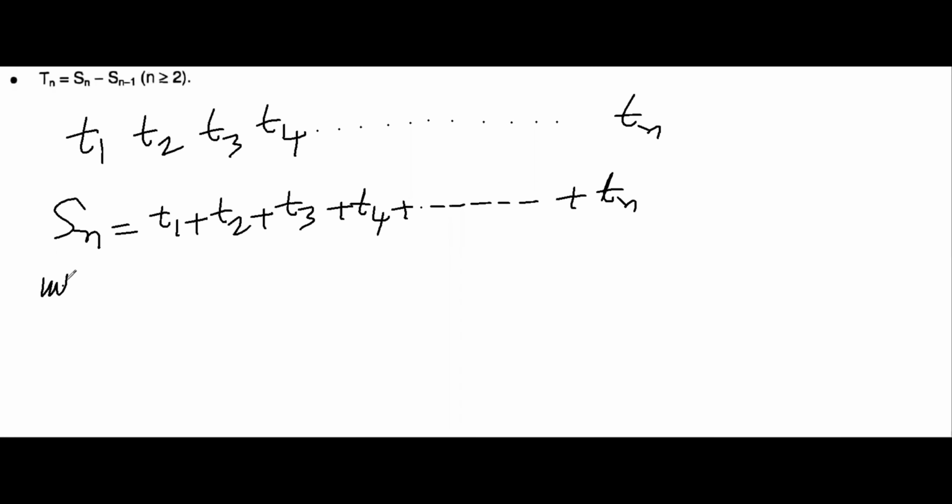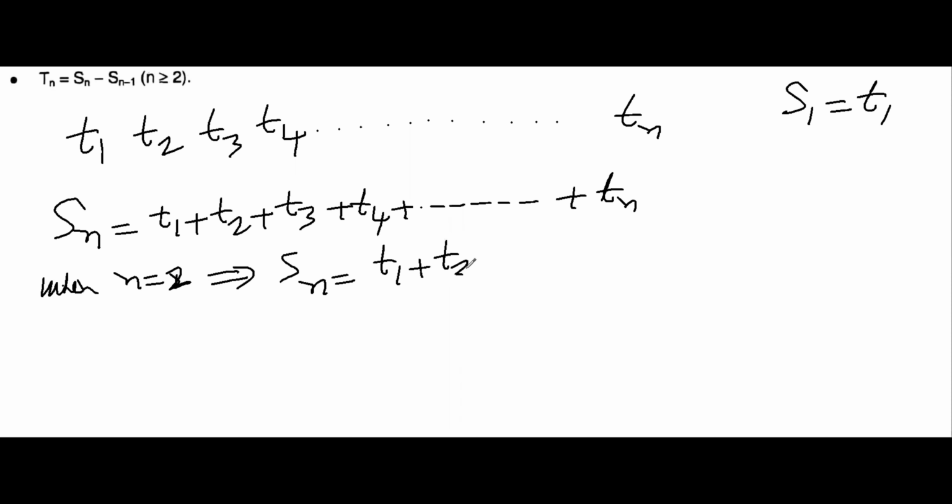So when my n is equal to say 2, I am not going to consider 1. Why? Because S1 is T1 only, so I will not consider that. When n is equal to 2, S2 will be T1 plus T2.